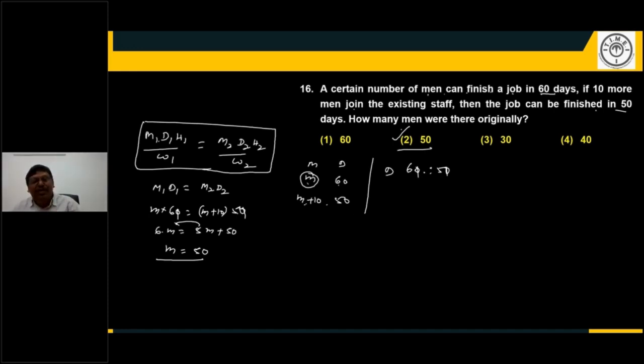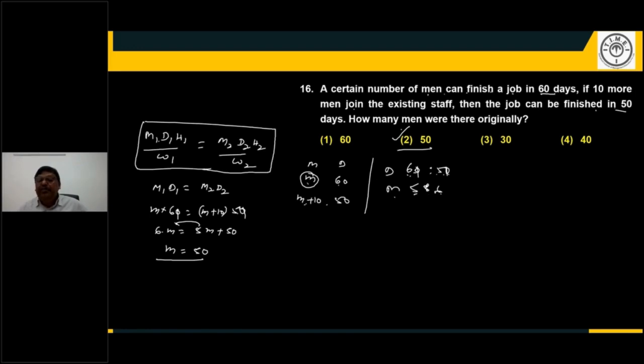If number of men comes down, number of days will increase. So days and men are in inverse relation. If days are 60:50 or 6:5, men will be 5:6. In your mind, you can say that without writing.